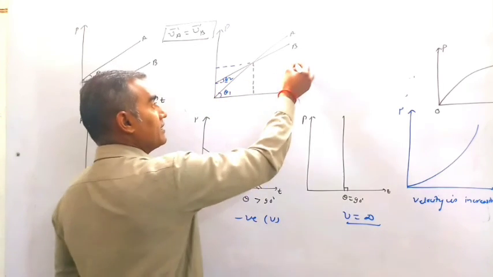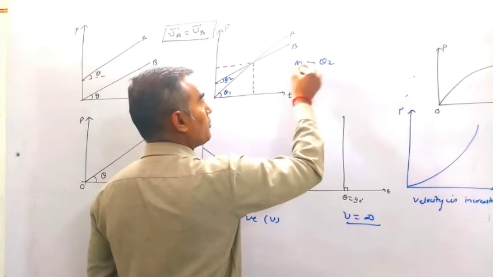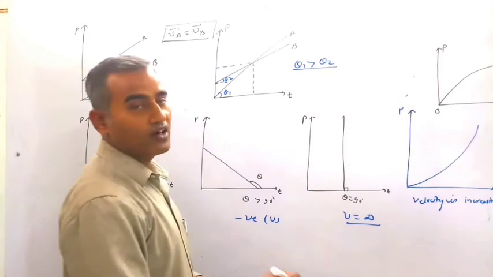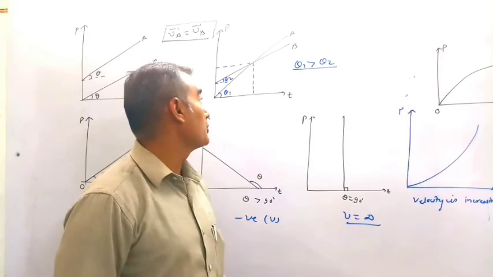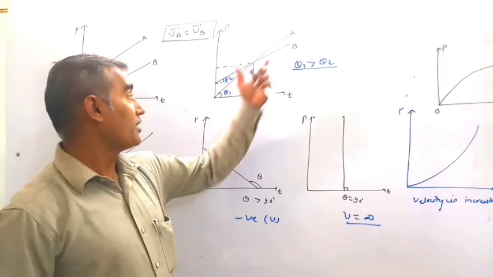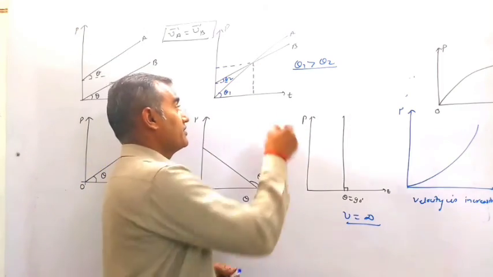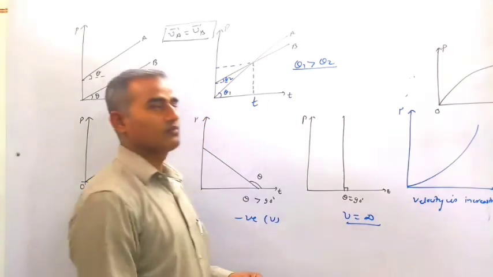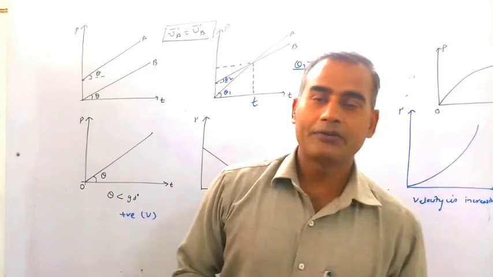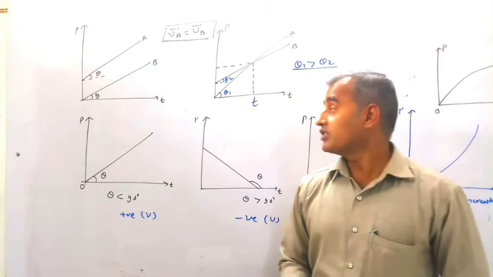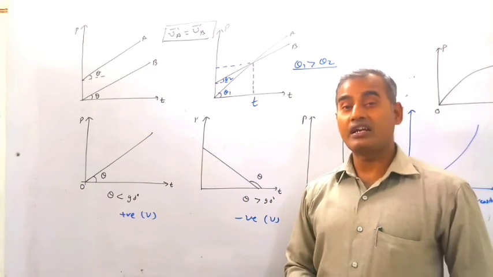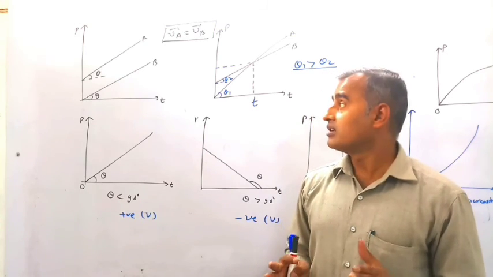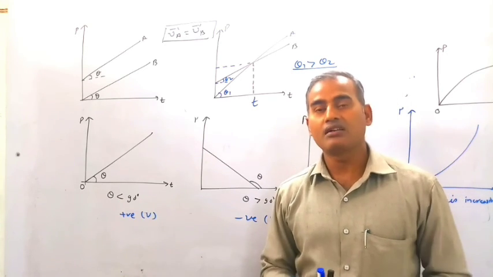Okay? Here, theta 1 greater than theta 2, so A moves faster than B. And so, A overtakes B at a particular point of time.